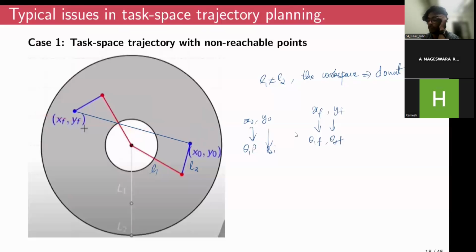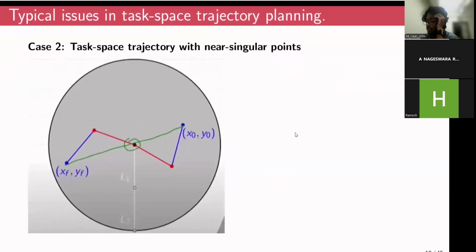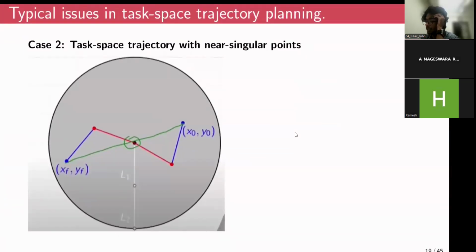So yeah, that's one of the potential problems that you can have if you try to plan a trajectory in task space. The second problem is that the task space trajectory will try to go near singular points.